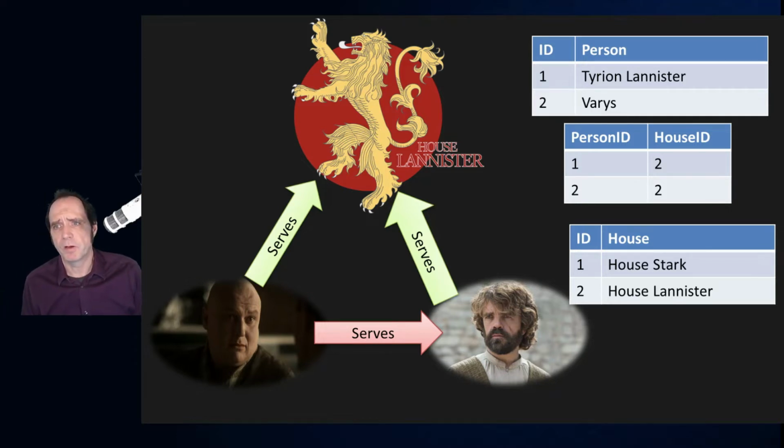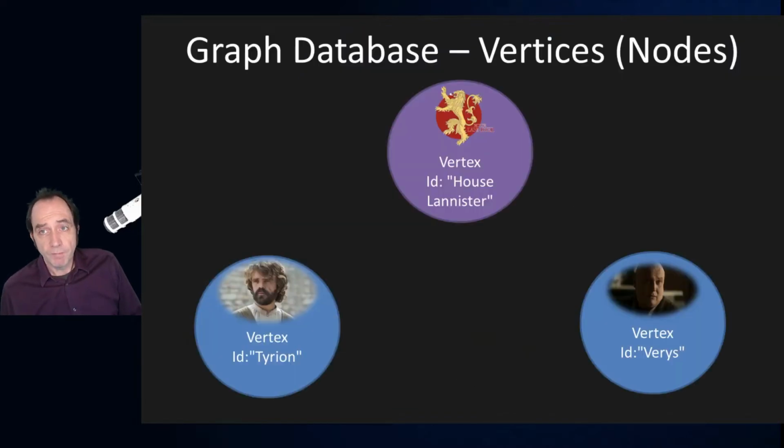This has just broken our relationship model because we don't have the structure within our database schema to be able to model that relationship. However, if we're using a graph database, we're going to be defining the entities like the houses and the characters as vertices within the graph database.